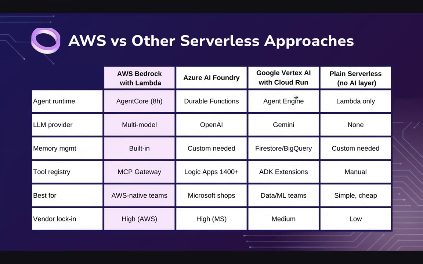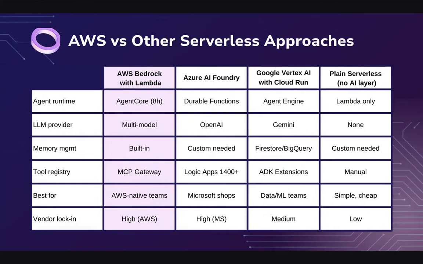For the third one, we will talk about Google Vertex AI with Cloud Run, which takes a more open, developer-friendly approach. The Agent Development Kit is open source and has been downloaded over 7 million times. It uses Firestore and BigQuery for memory, which works well for data-heavy applications, best for teams already using Google ML and other platforms. And plain serverless is the last one that we will discuss: Lambda with no AI layer.